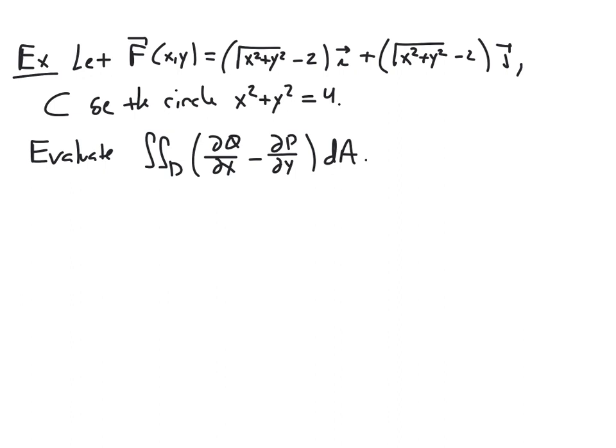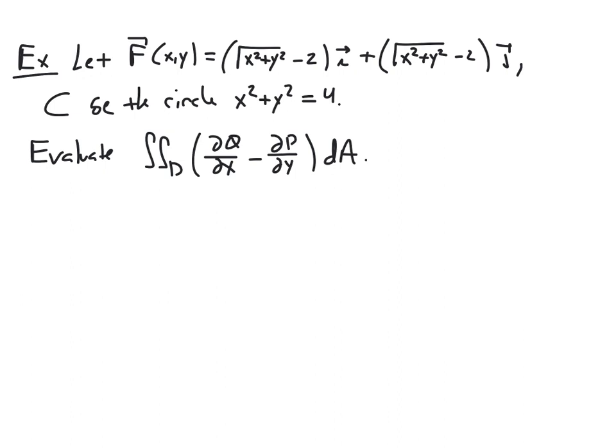We have a chain rule in each case with the square root of x squared plus y squared, and then we have to take the derivative of the square root, multiply it by either 2x or 2y in each case, and then we'd have to integrate that function over this circular region, which we would have to convert to polar coordinates to do. And while it's possible to do that, it's going to be much easier to rely on Green's theorem, which will tell us that this particular integral is just the line integral of this particular vector field over the circle.